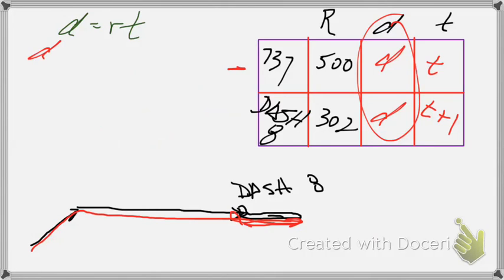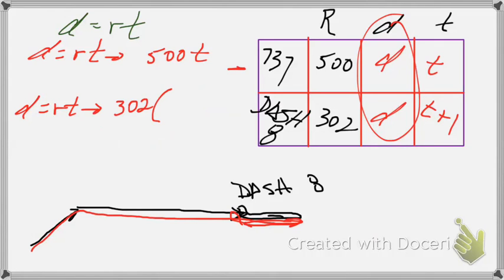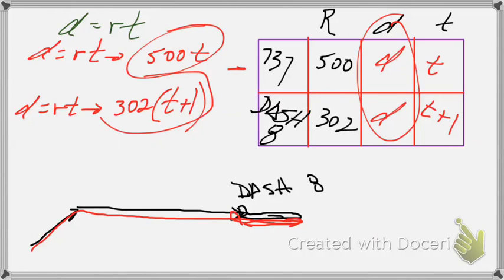If we look at D equals RT, we're saying that the distance equals rate times time. And in the second one, d equals RT, we're saying that distance equals rate times time. Okay? So, if our distances are the same, what do we know about those expressions I just circled? Those are going to be the same.